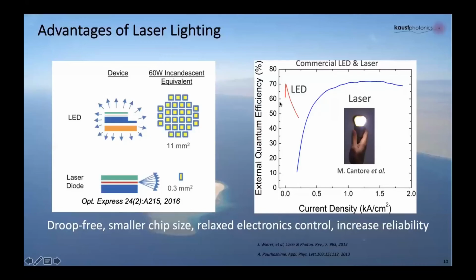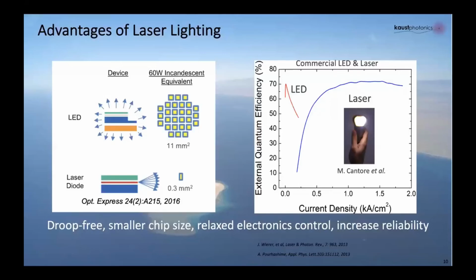Just now we mentioned a little bit about the efficiency drop. If you look at this LED, the red curve, at low injection current the efficiency can reach up to about 70% external quantum efficiency. When you inject more current, we would expect a constant efficiency after the diode is turned on, but due to some physical limitations, the LED will not be able to do so.